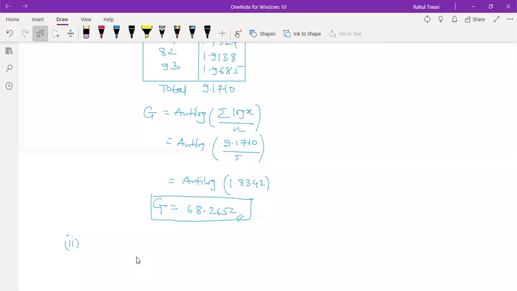Yes, sir. So now you can find the geometric mean for ungrouped frequency distribution.